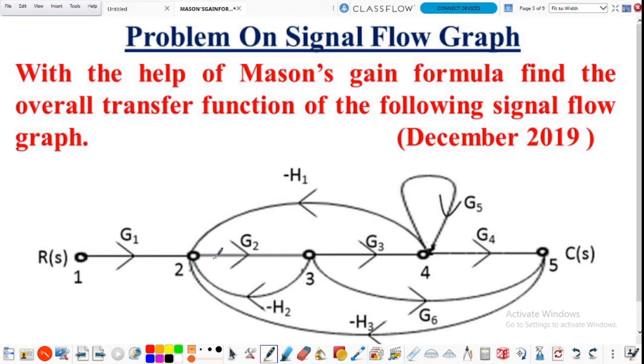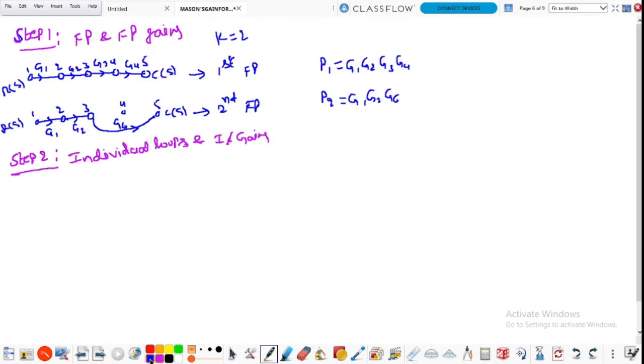One more individual loop is 2 to 3, 3 to 4, 4 to 5, 5 to 2. So from the given signal flow graph, totally there are 5 individual loops.